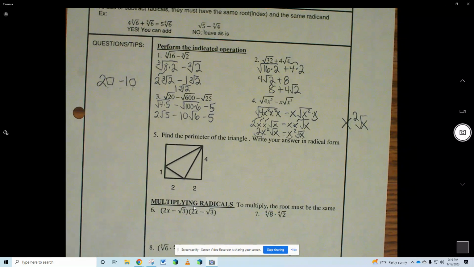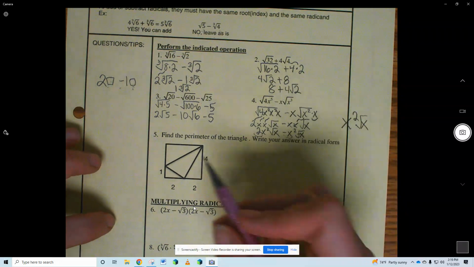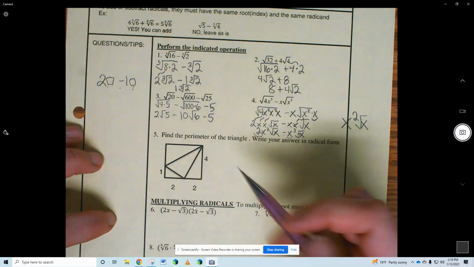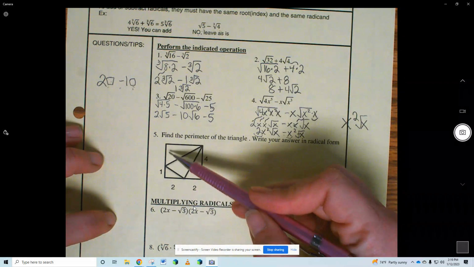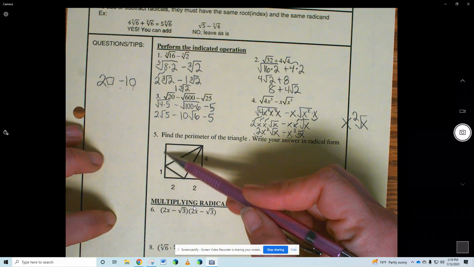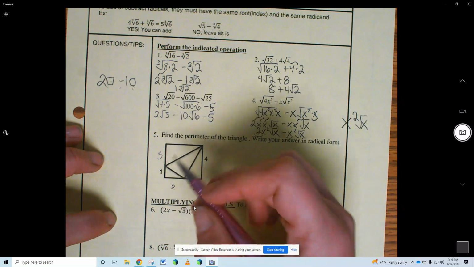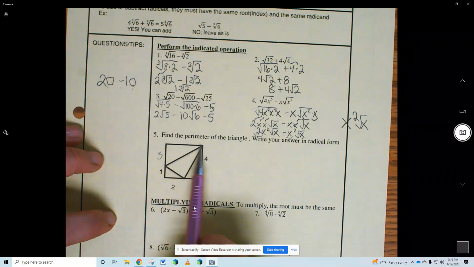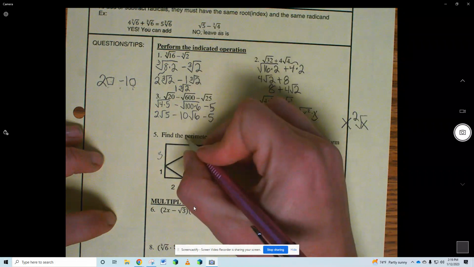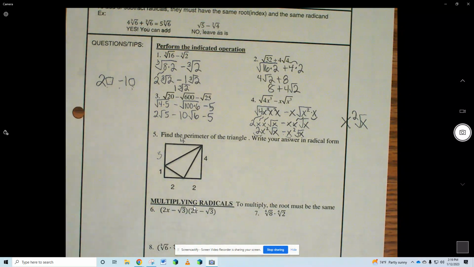All right, perimeter of the triangle. The inner triangle. So here are the sides. Right here, how big is this piece, from here to here? 3, because the other side is 4, and then there's 1. Top line, 4. Okay, so now we're doing Pythagorean theorem.